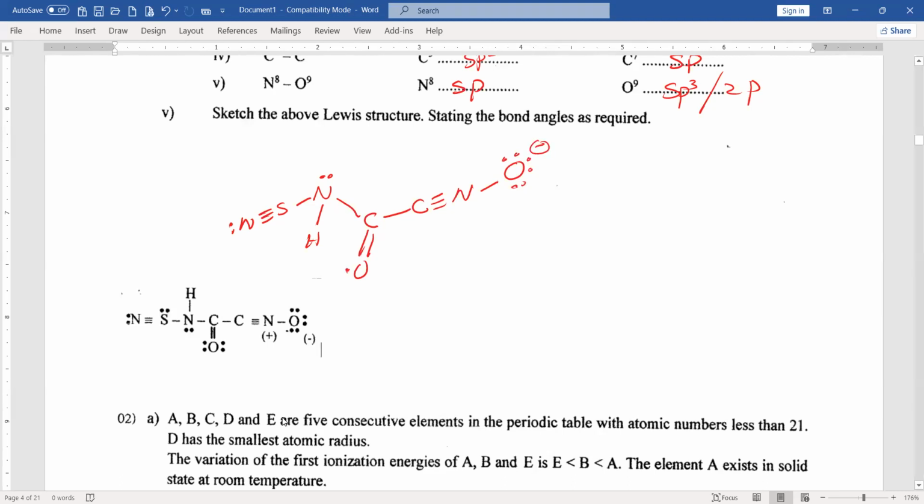Then here no charges, and you have to mention all the electron pairs. No more electron pairs. Right now you have to mention the bond angle. Normally we compare the bond angles with the known thing. If you get the bond angle of ammonia, that is the well-known bond angle.